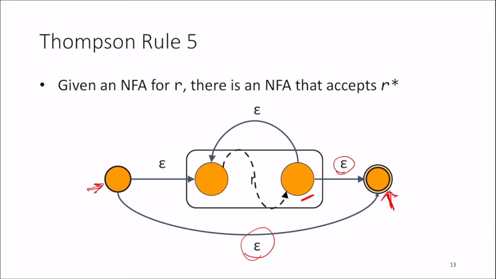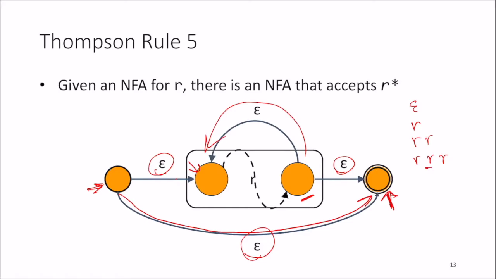And the new start state is linked with the empty string to the old start state of R. But notice that it has this escape hatch of going directly to the final state, so it'll accept the empty string. It'll accept all of the strings that were in the language of R once or twice or 3 times. Every time I take this loop back, I can take another copy, another string that belongs to the language of R, and so on.